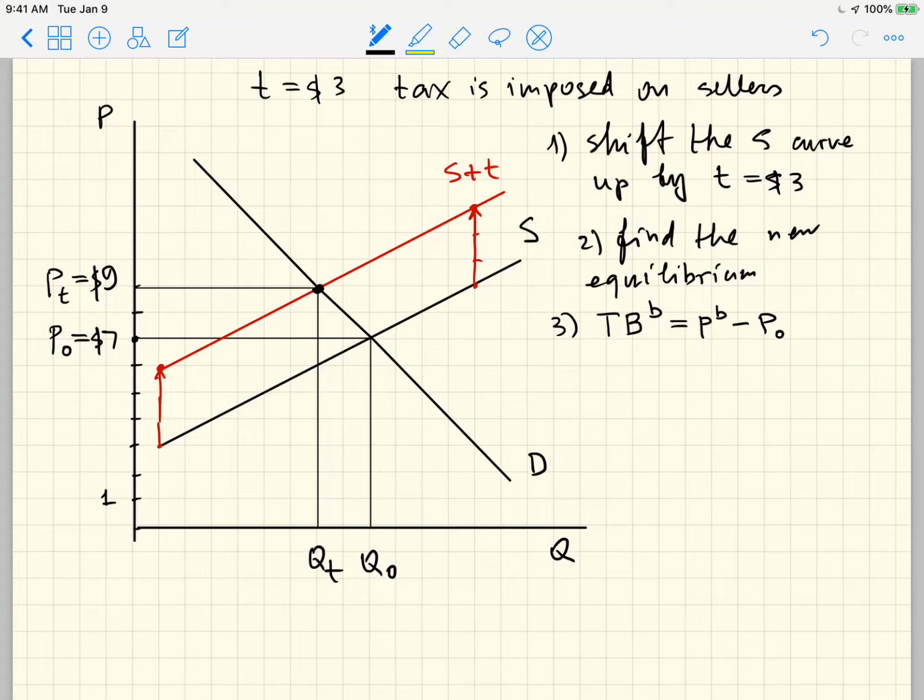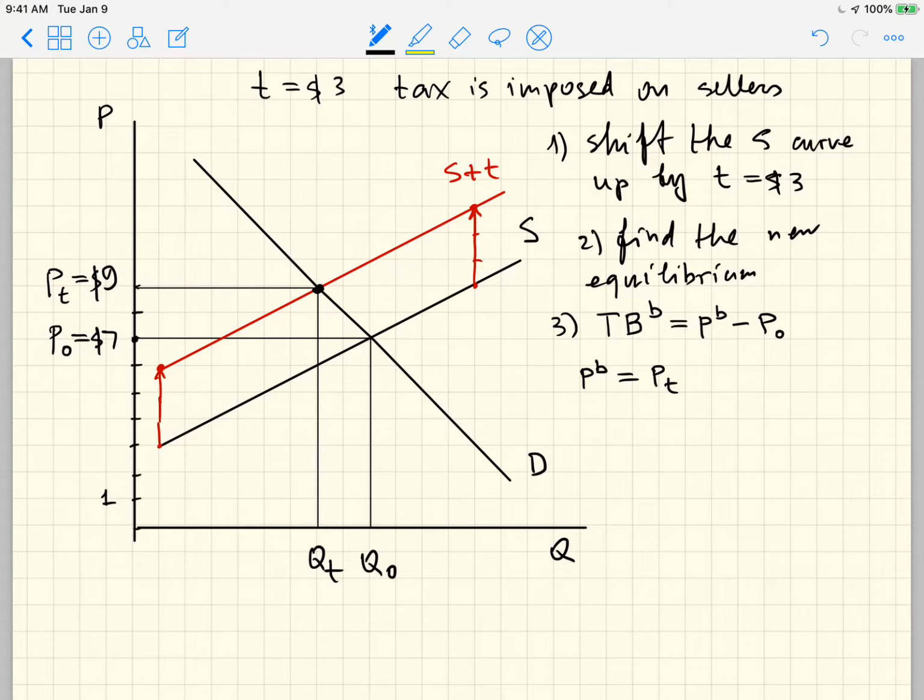So P0, I think it's very easy to identify. PB, what is PB? How would we know PB? Well, PB is the same as PT in this case.